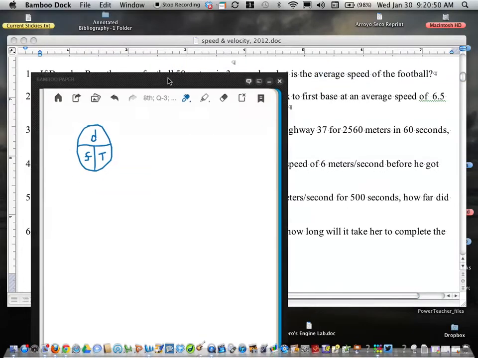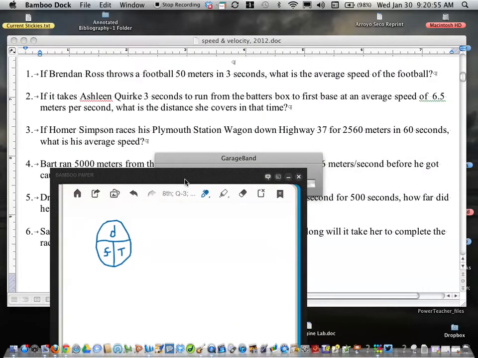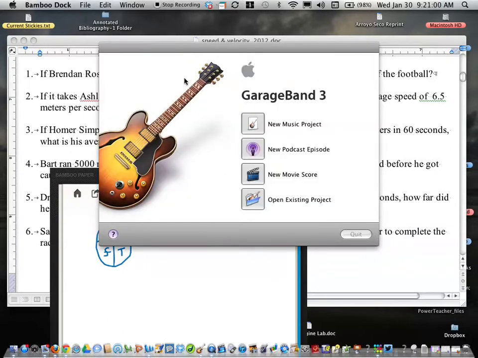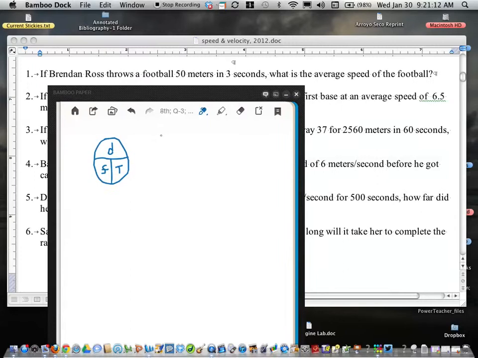So, in terms of solving this problem, speed is what we're looking for. So S equals what? Who knows from the circle formula how to calculate that? Johnny.